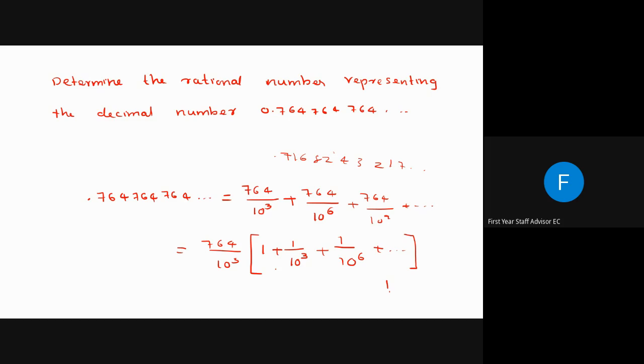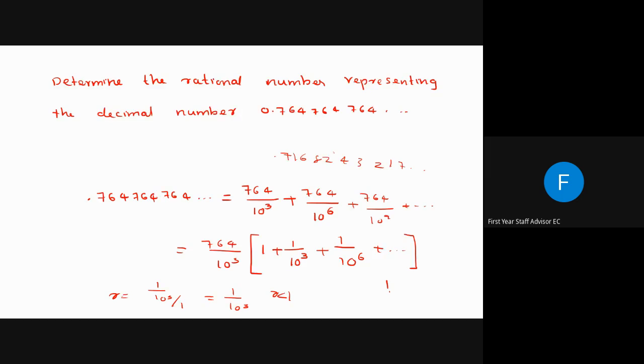Here, what is r? This is a GP. Here r is 1 by 10 raised to 3 divided by 1, that means 1 by 10 raised to 3. r is less than 1, so it converges by the theorem. So the sum is equal to what?